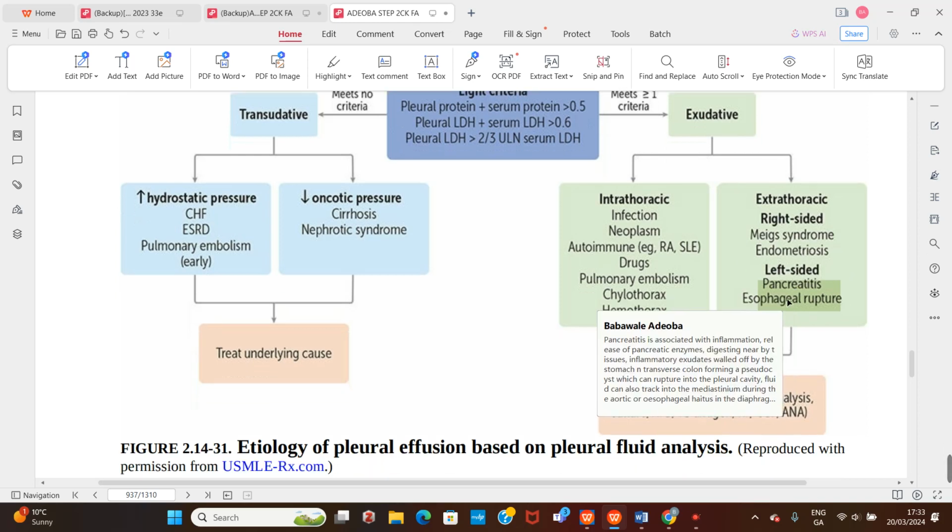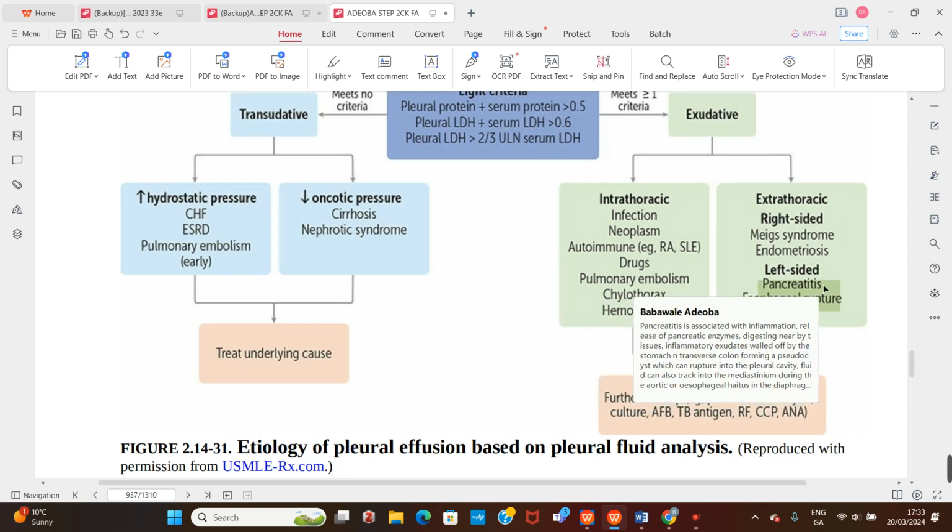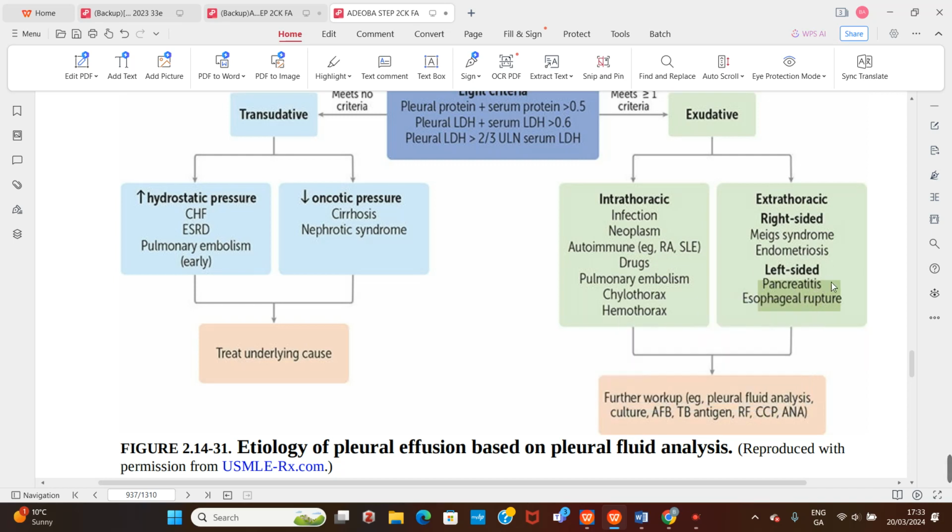While for the left side, we can think of things like pancreatitis. Just like when we were discussing ARDS, pancreatitis is a very severe condition that is associated with a widespread inflammatory process, release of cytokines.